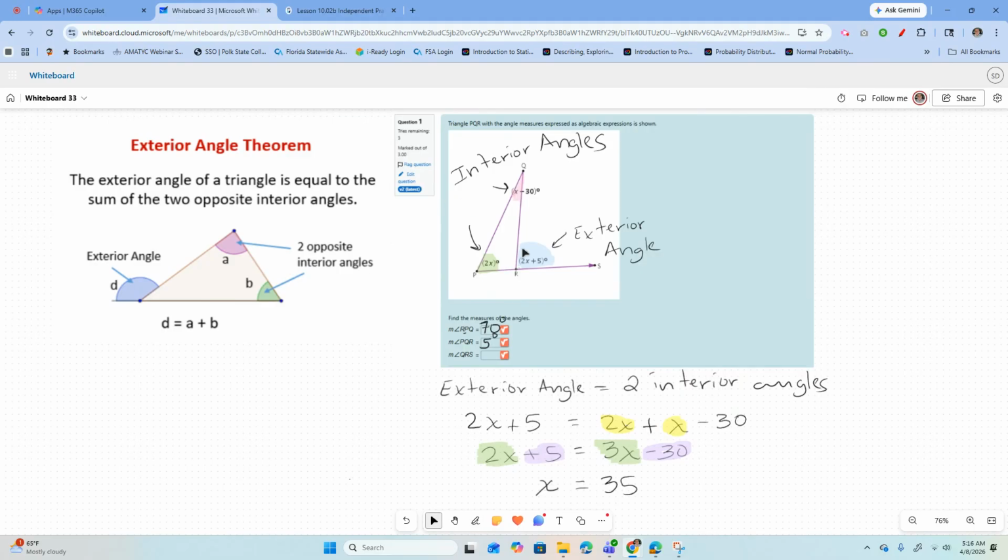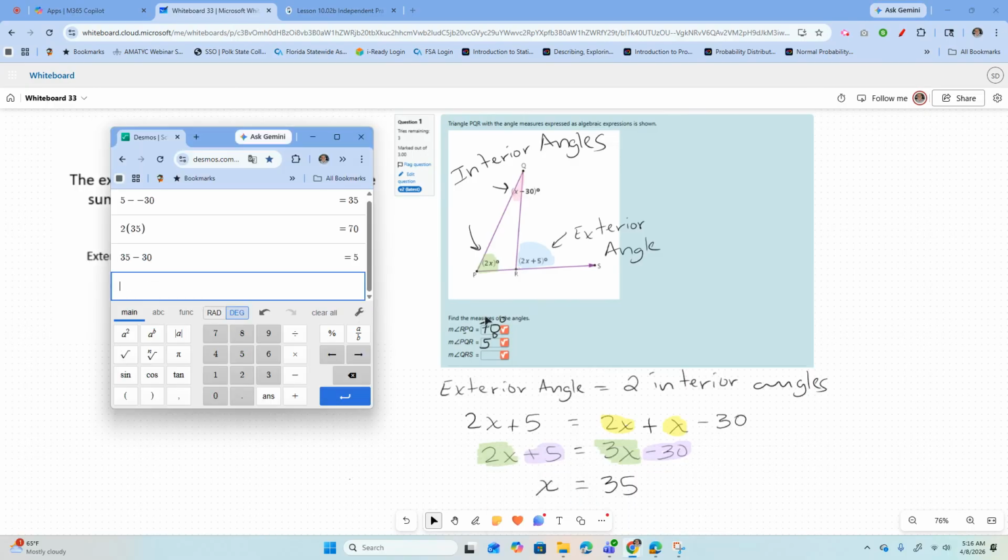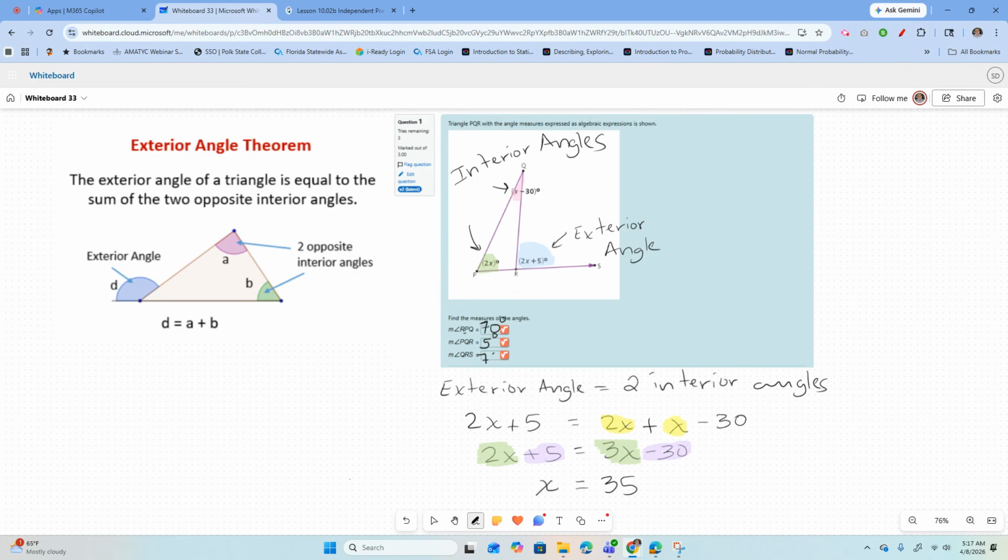And finally, QRS, which is the angle I shaded in blue, the exterior angle. To find that angle, I'm going to do 2 times the quantity x plus 5, and my x is 35. So I'm going to put 35 in parentheses. You can see that's going to be 75 degrees. And this is how you do this problem. I hope this helps.